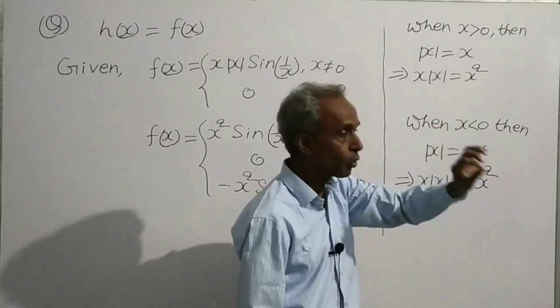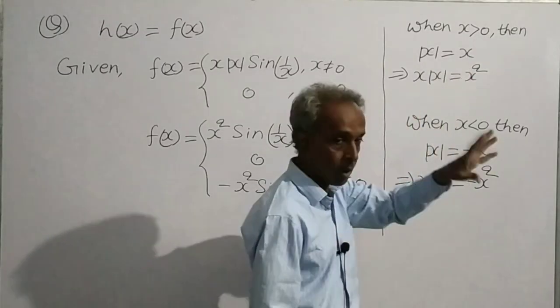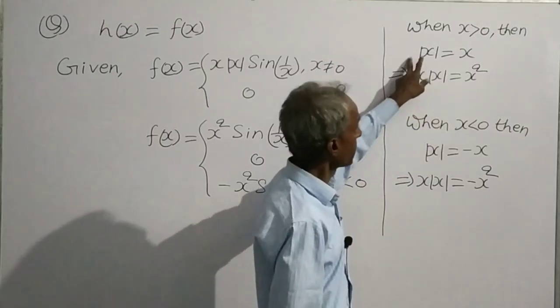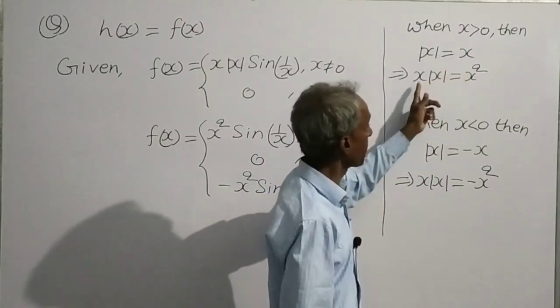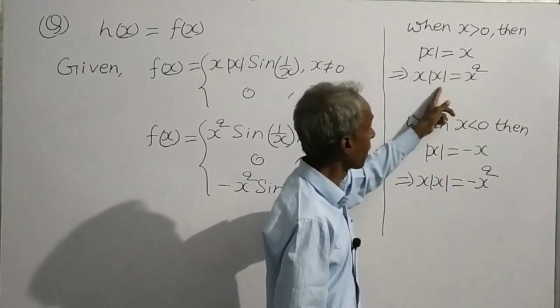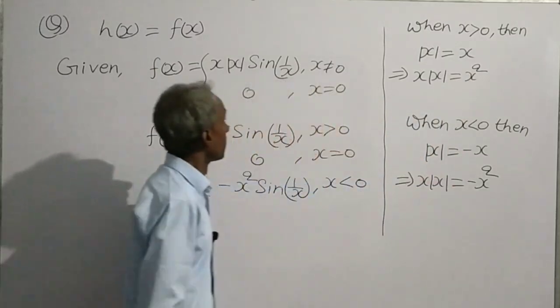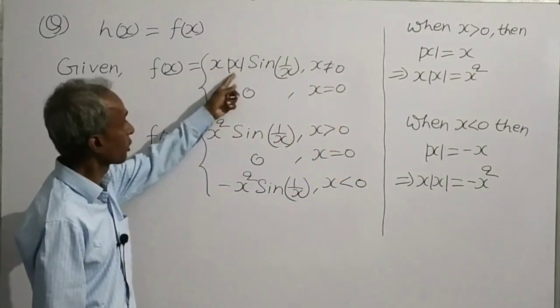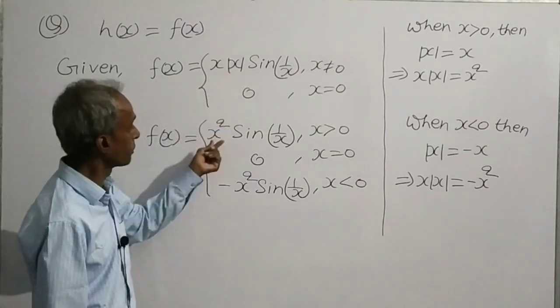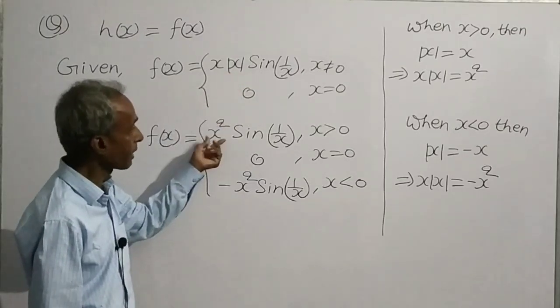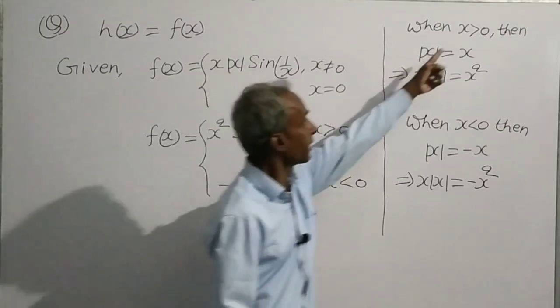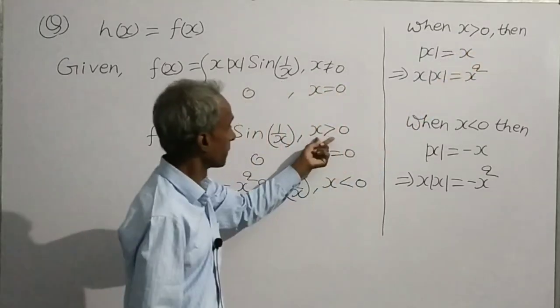This is the rule to remove mod. Multiplying both sides by x, we get x mod x is equal to x square. Therefore, in place of this x mod x, we write x square, when x is positive.